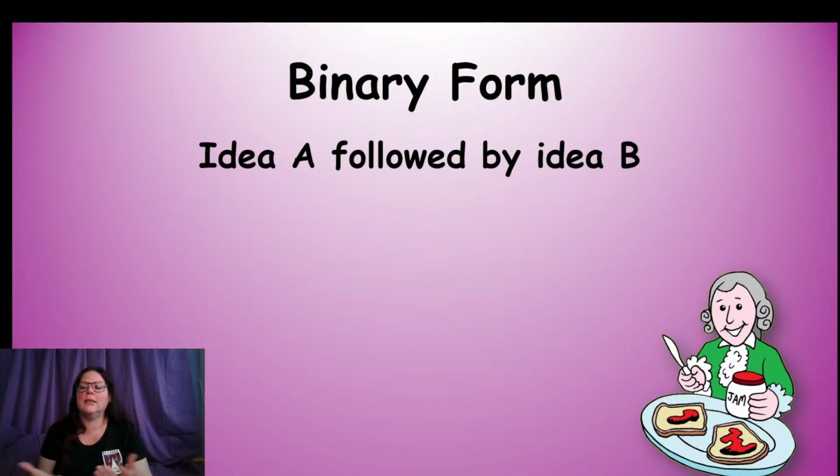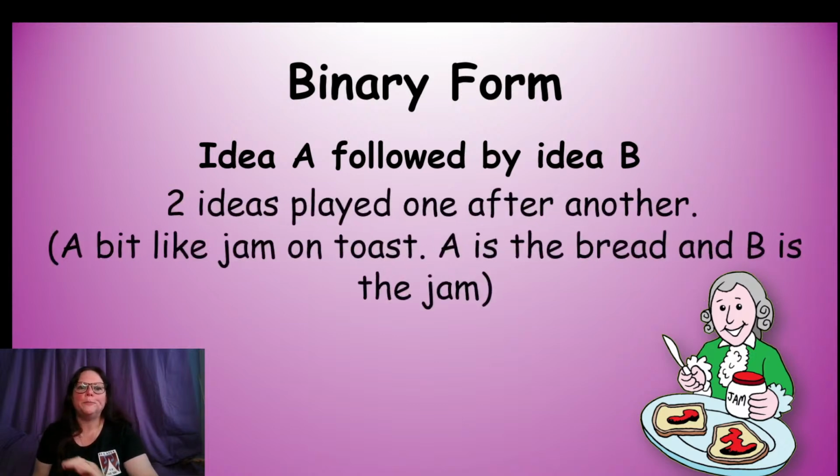And you're probably sitting there thinking, why is he spreading jam on toast? Well, that's because those two ideas being played one after another can be thought of a little bit like jam on toast. A is the bread and B is the jam. So you've got that initial layer, and then you've got the thing on top.